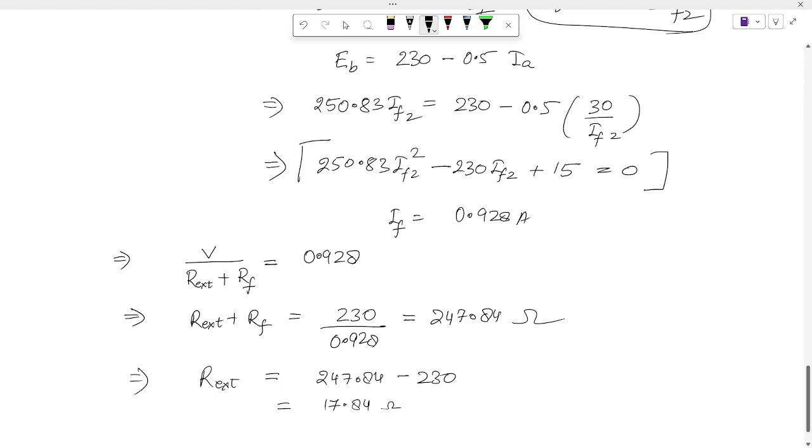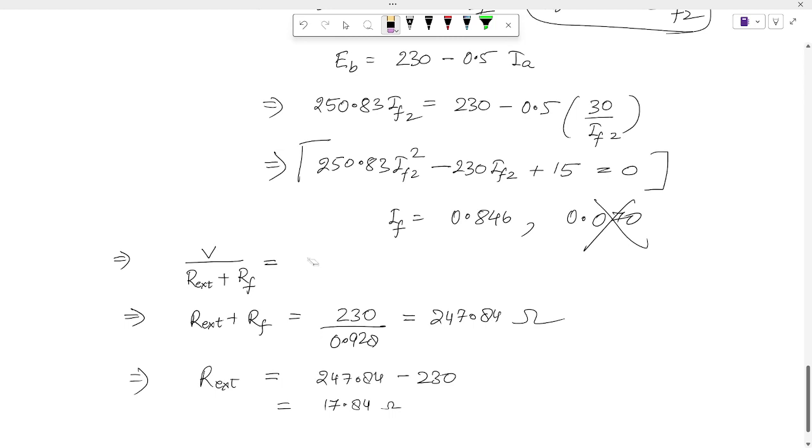Now go back in the equation mode. 250.83 b, minus 230 c, 15. That is, IF we are getting as 0.846, another root is 0.070. This is not possible.